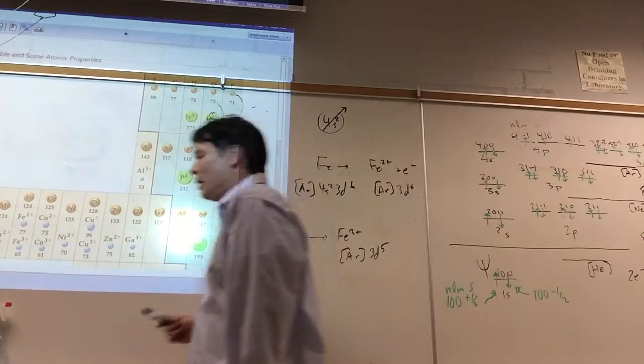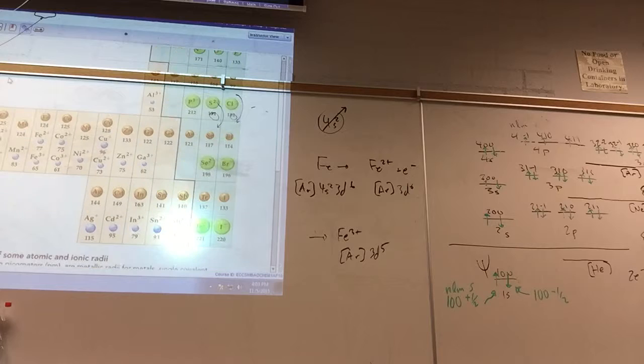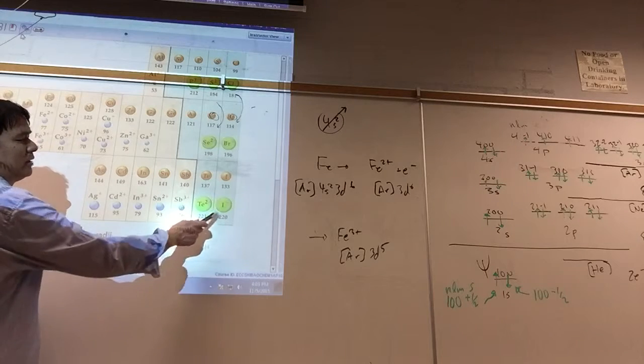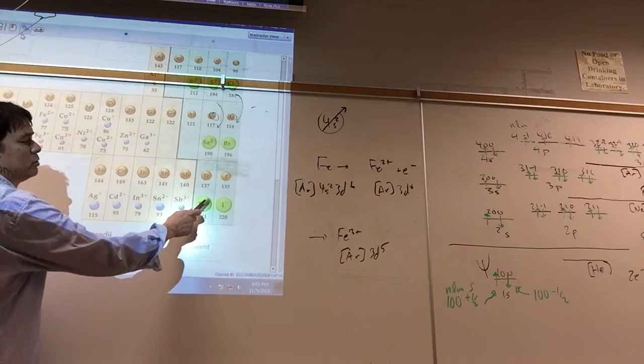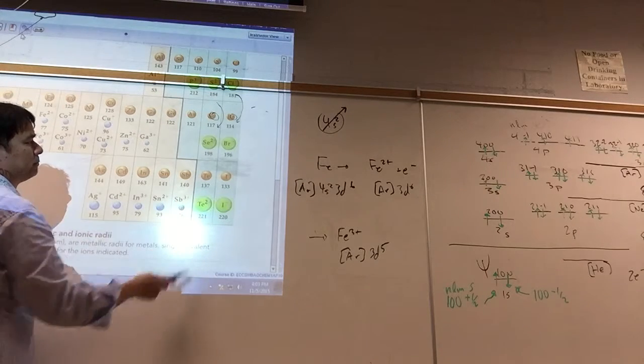It's not going to be totally at the bottom right because it would be in one. So if we look at iodide and telluride, telluride's a little bit bigger. There's 2 electrons rather than 1, and about double.